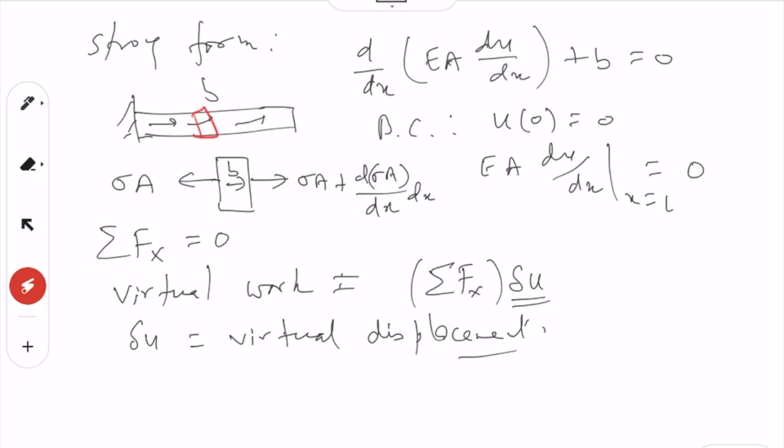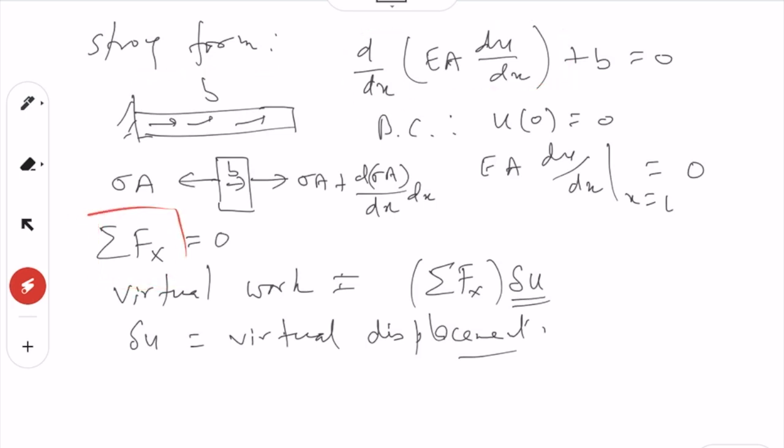So force is equal to 0, and since force is 0, applying a displacement is not going to change anything, it will not do any work, and based on that we can actually do something there.